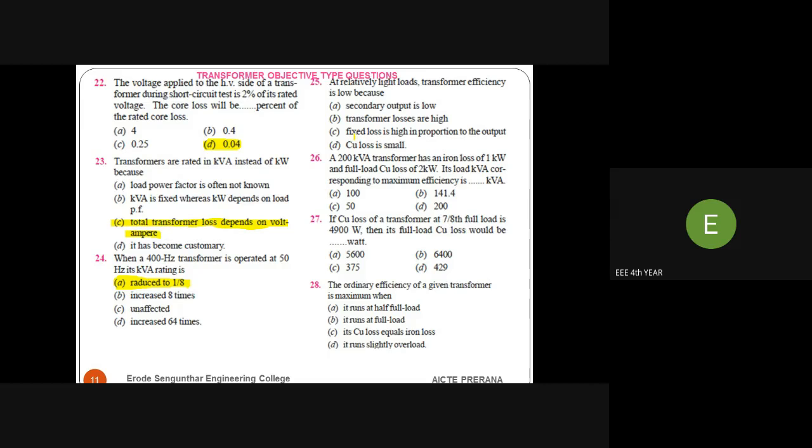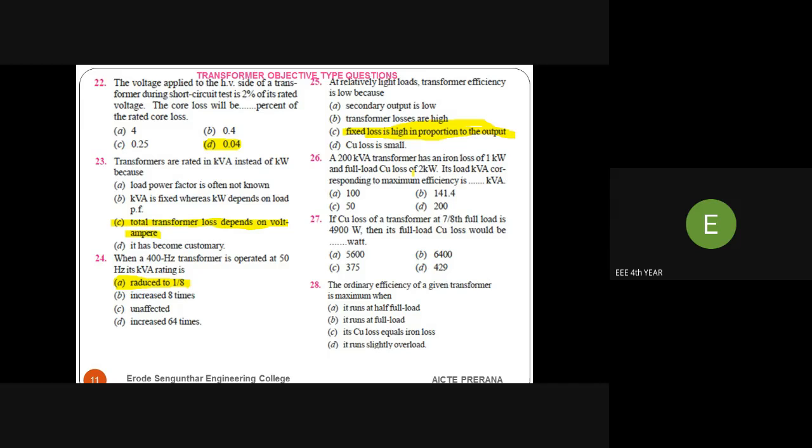At relatively light loads, transformer efficiency is low because fixed losses are high in proportion to the output. That is the correct answer, because at light load condition, the transformer efficiency is low only due to fixed losses in proportion to the output.